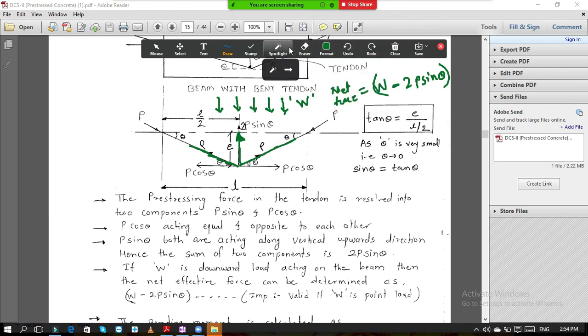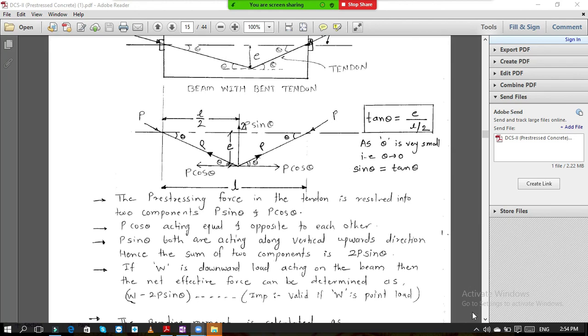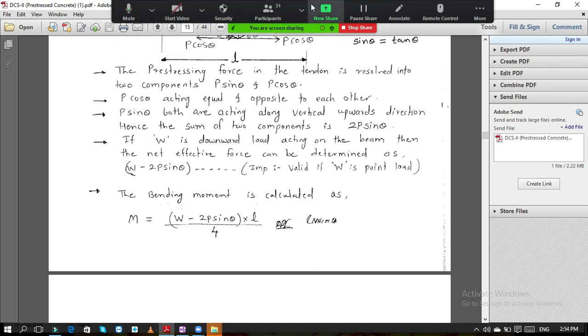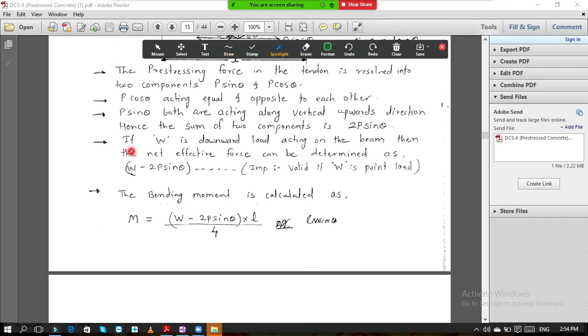Okay. So that point is mentioned over here. So if W is the downward load acting on the beam, then the net effective force can be determined as W minus 2P sin theta. Okay.